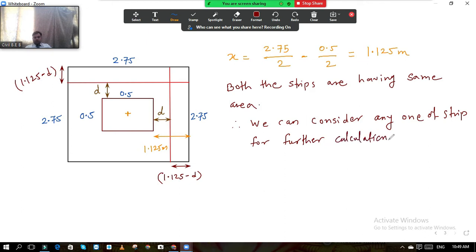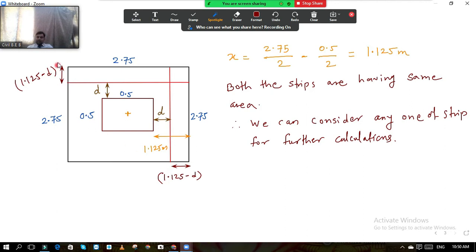See here, the column is a square column. That is why you are getting the same area for both the strips, vertical and horizontal. If the column is a rectangular column, and your footing is rectangular or square, it doesn't matter, but if the column is rectangular, then these distances will get changed.